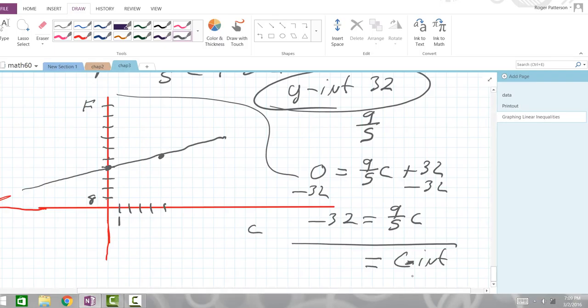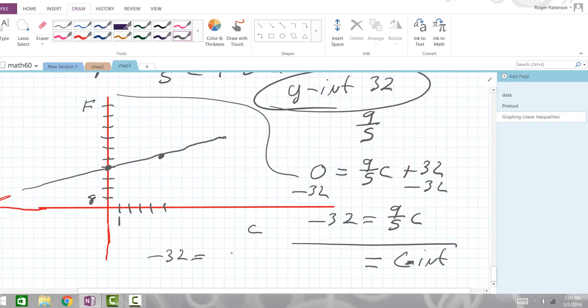Anybody get it? 17.7. So you took negative 32 and divided it by, what would you do to get that? I have a really crappy calculator, but I did 9 divided by 5, and then 32 divided by whatever 9 divided by 5 was.